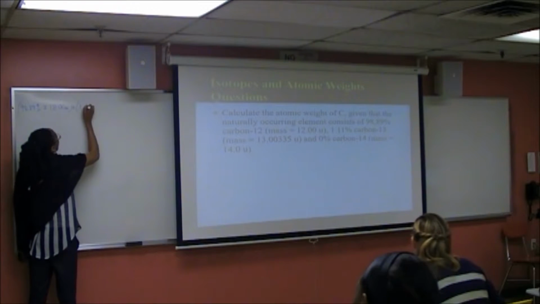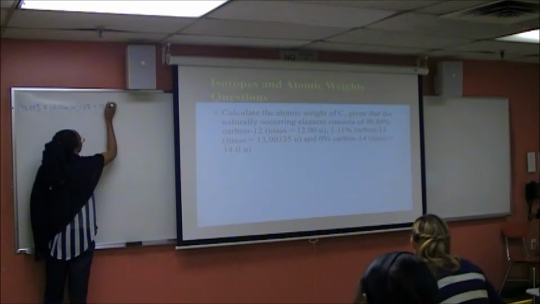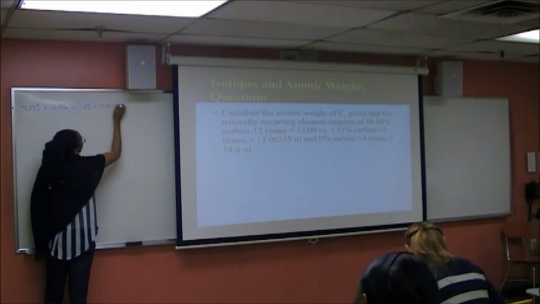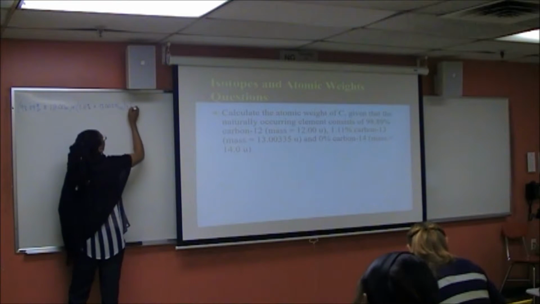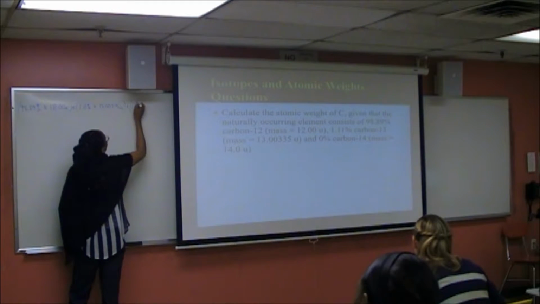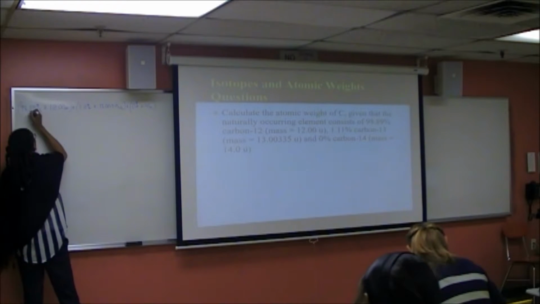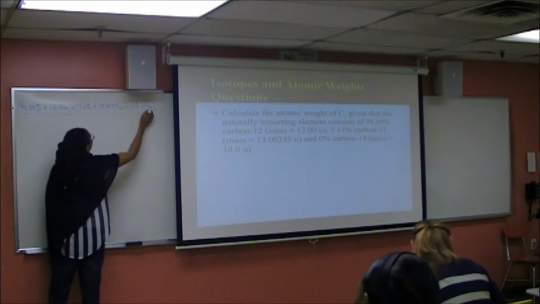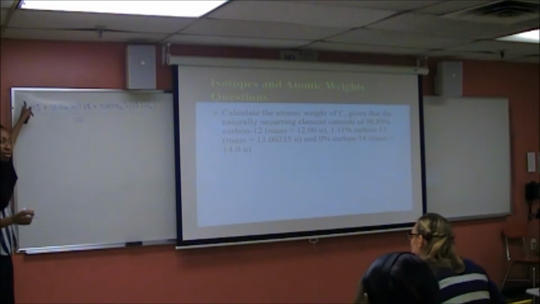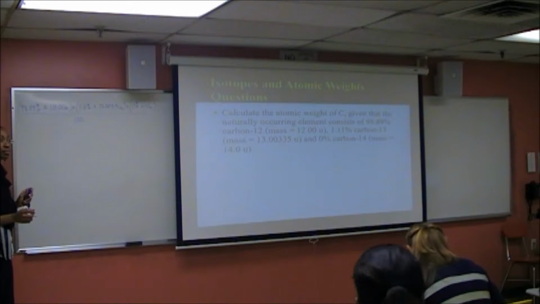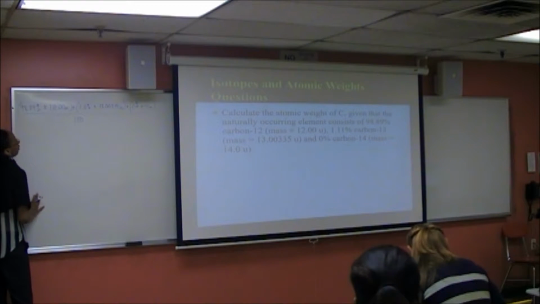So you have 1.11% times 13.00335 U's plus 0% times 14 U's. All of this divided by 100 because you still need to get rid of that percent. The answer is 12.01. Okay? So let's bring it down.